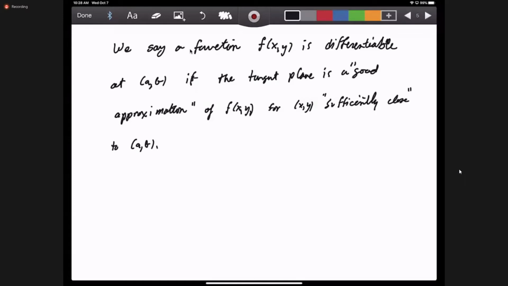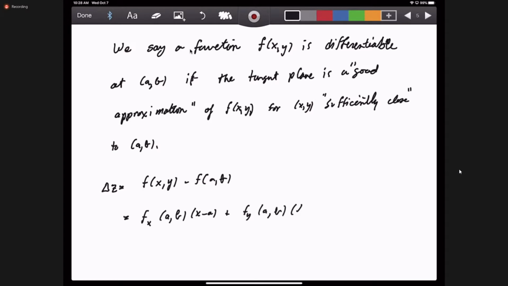the way your book expresses it is that delta z equals f of x, y minus f of a, b. And we want to say that this part of the linearization, right?